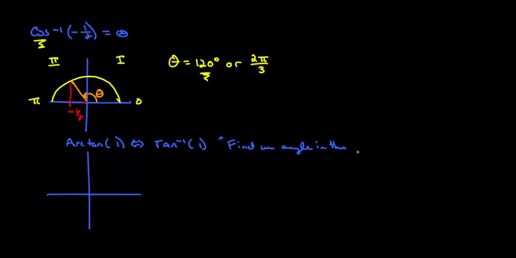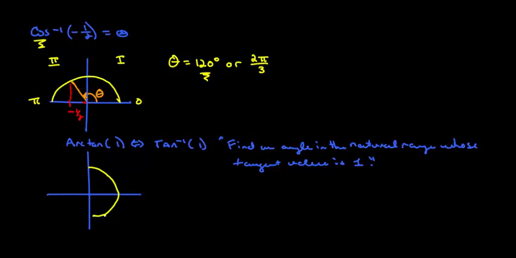Now remember, we're working in the natural range, whose tangent value is 1. So the natural range for tangent, or arctangent here, the outputs are going to be between -pi/2 and pi/2, or -90 degrees to 90 degrees.